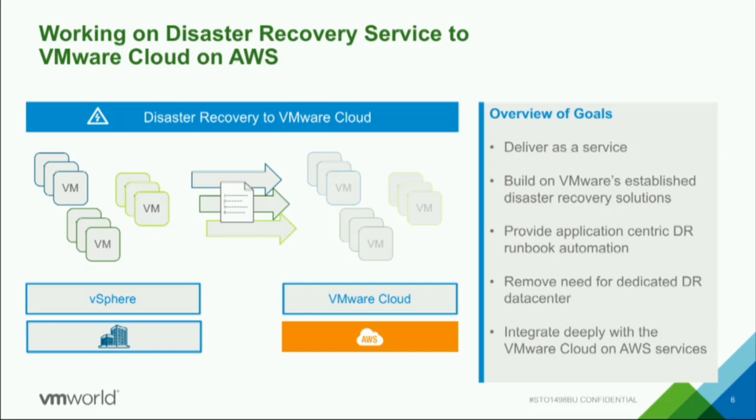If you're not familiar with Site Recovery Manager and vSphere Replication, those are VMware's orchestration and automation and replication solutions for the virtualized data center. So tools that are designed to make disaster recovery operations easier, repeatable, testable non-disruptively, all of those functionalities that you get with Site Recovery Manager, making that available in the VMC on AWS context.